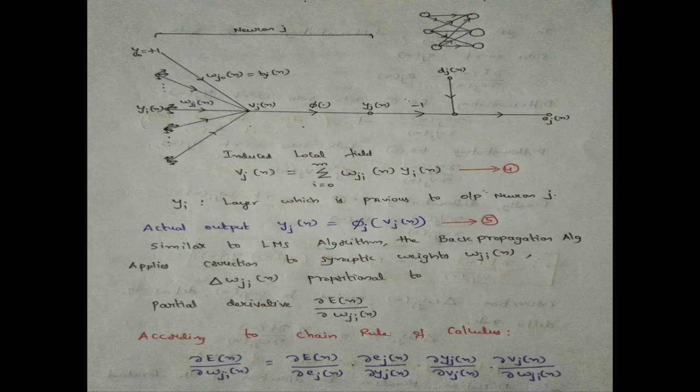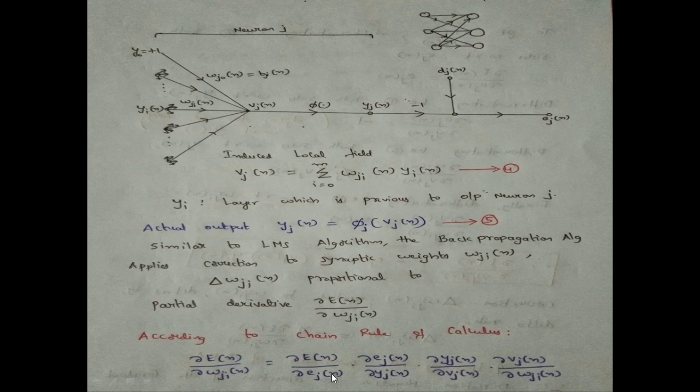Now according to the chain rule of calculus, we express this gradient, that is dou E(n) by dou w_ji(n), as dou E(n) by dou e_j(n) into dou e_j(n) by dou y_j(n) into dou y_j(n) by dou v_j(n) into dou v_j(n) by dou w_ji(n).